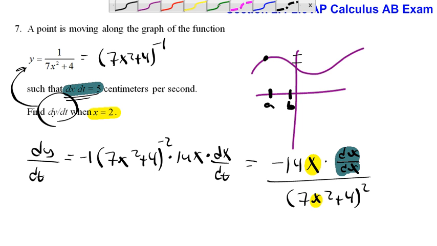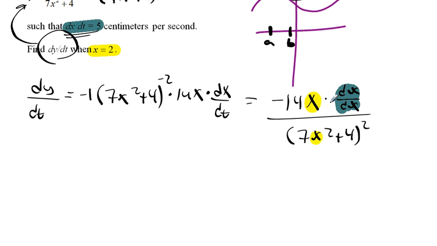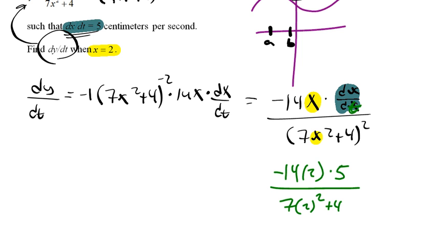Let's do it then. So this whole thing is -14 times x, which was 2, times a positive 5, dx/dt, that's supposed to be a t right there, by the way, sorry, 5, all over 7 times 2 squared plus 4, and you're going to square that whole guy.